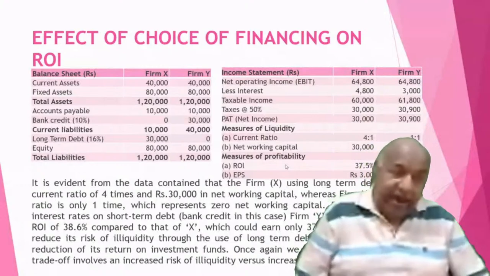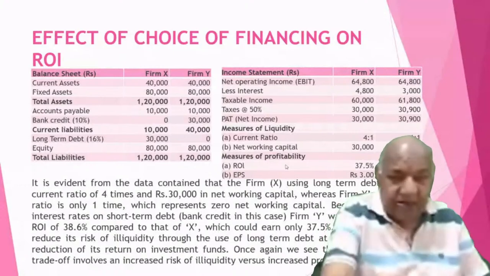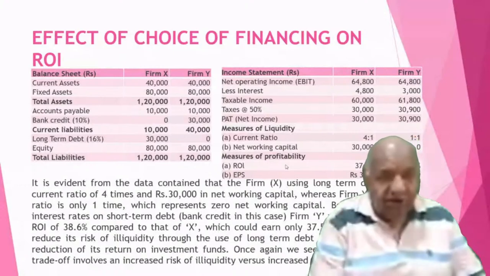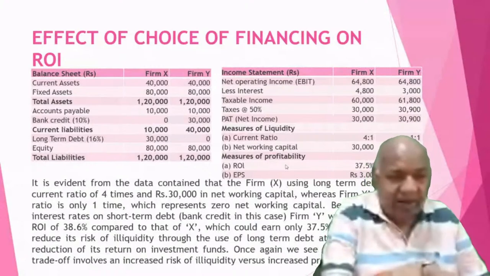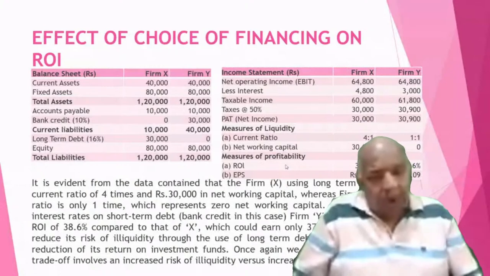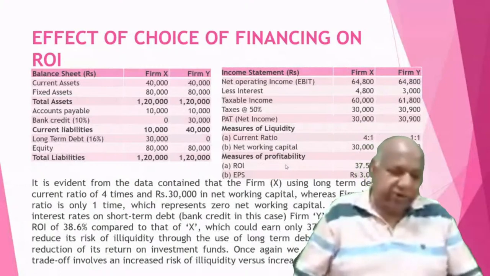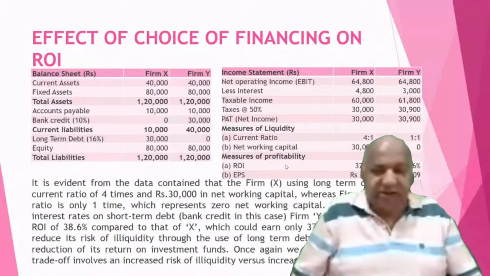As the bank credit is part of current liabilities, the current liability for firm Y is 40,000, while the current liability for firm X is 10,000. But equity for both the firms is the same, 80,000. And total liability is the same, 1,20,000.